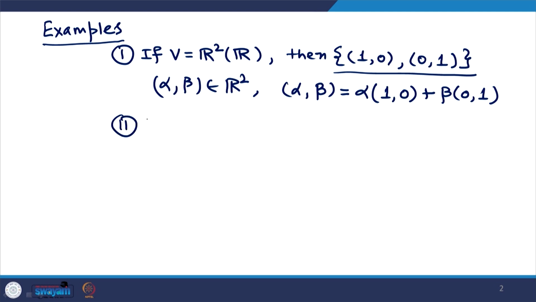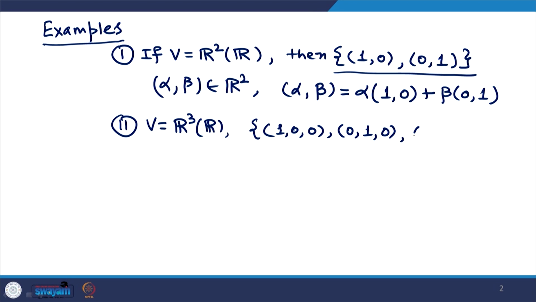Similarly, if you take V equals R3 over the field of real numbers, then one of the possible bases is (1,0,0), (0,1,0) and (0,0,1).